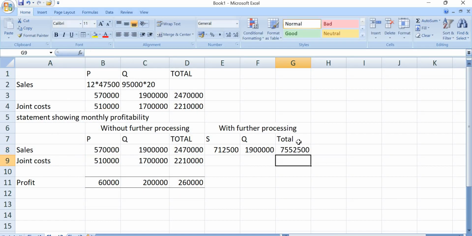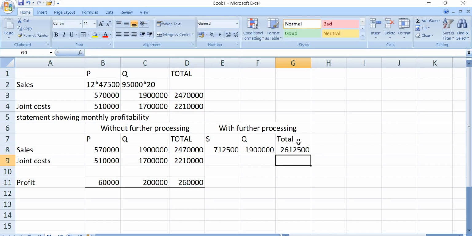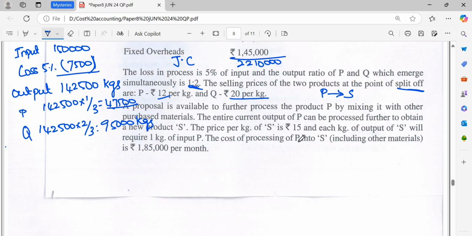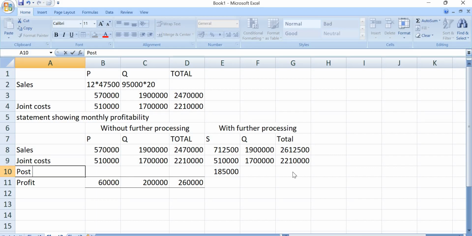So my total will be 26 lakh 12,500, and we have the same joint cost, and we will be having other cost as well, that is 1,85,000 per month. This is post separation expenses.